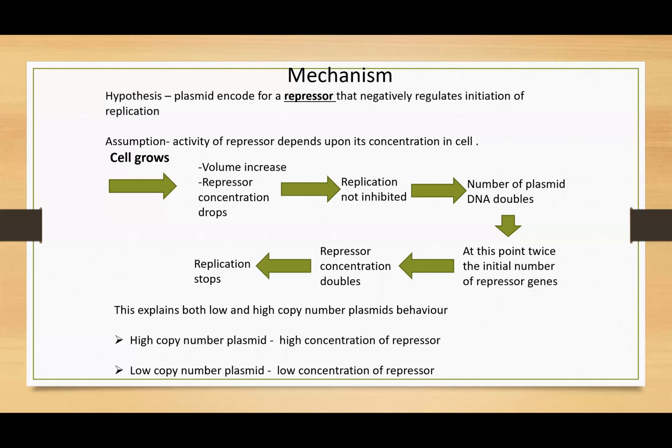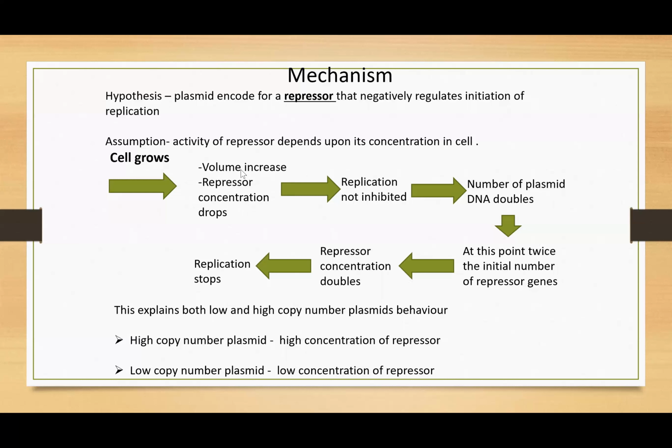The cell is preparing itself to divide into two. So when the cell is growing in size, what is happening? The repressor concentration goes down.